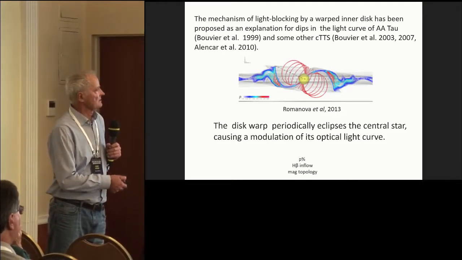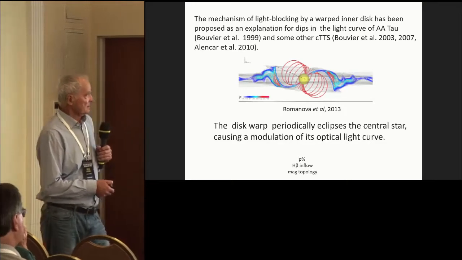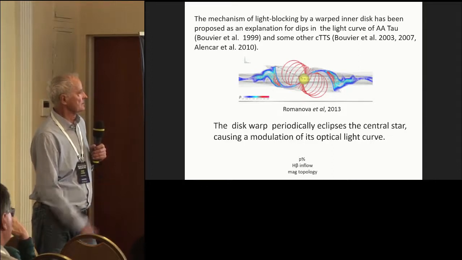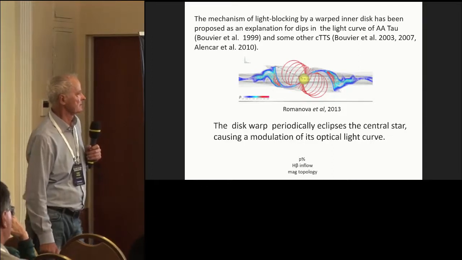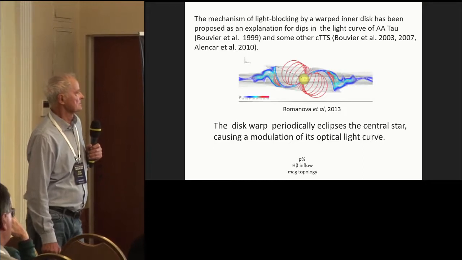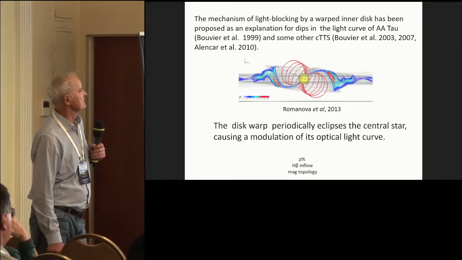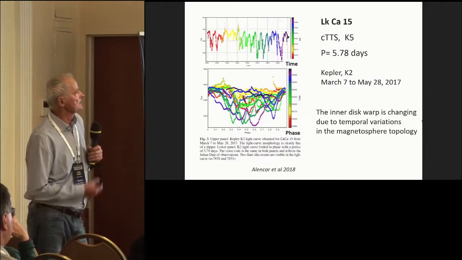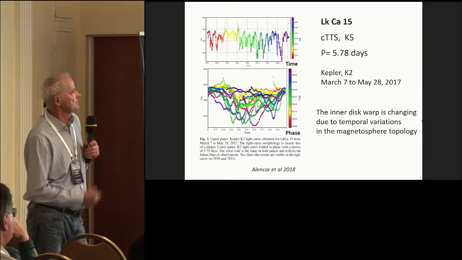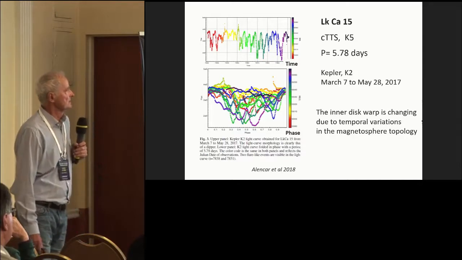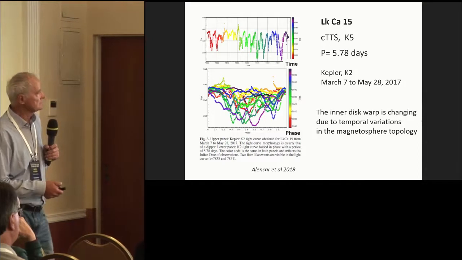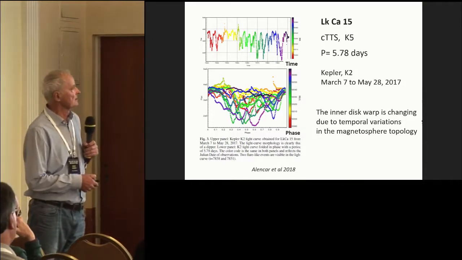If the stellar magnetosphere is tilted, then the inner disk is warped, and this disk warp periodically eclipses the central star, causing a modulation of its optical light curve. Another good example of a dipper is Calcium-15, which was observed with the Kepler K2 mission during almost 2 months.